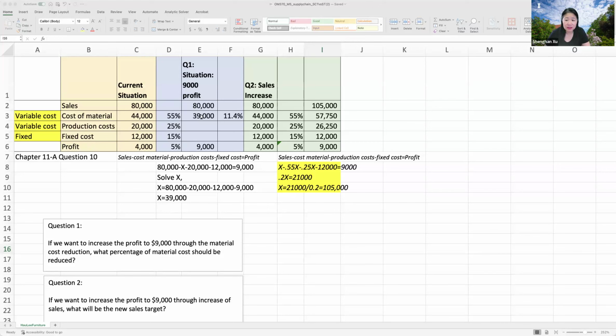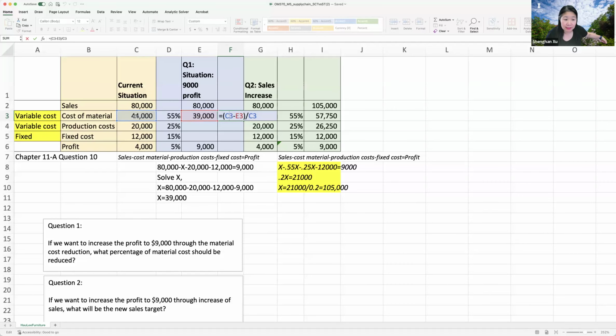And then we also can calculate what this 39,000 means for us, right? 39,000 is a reduction from 44,000. So what percentage do we have to reduce here?